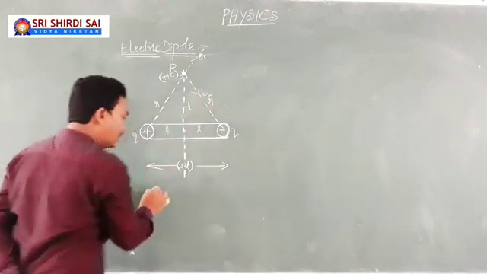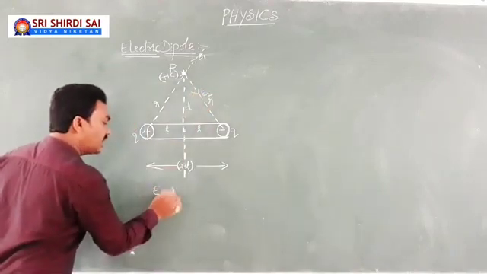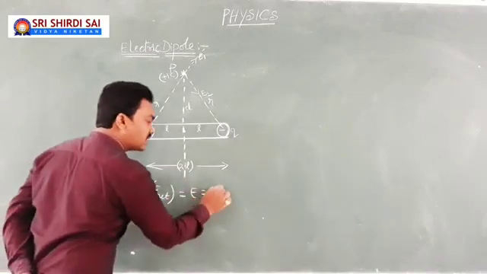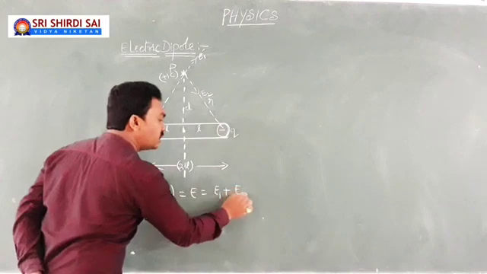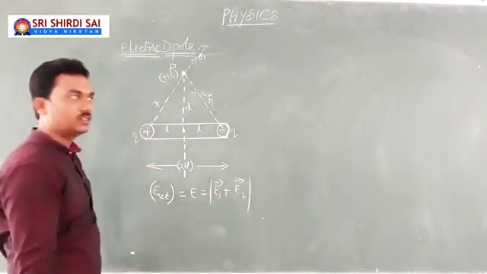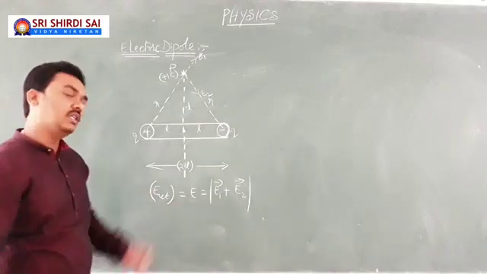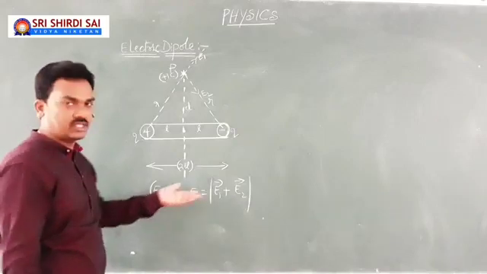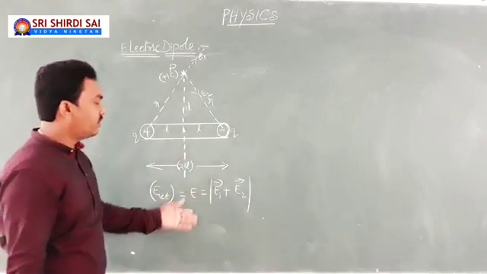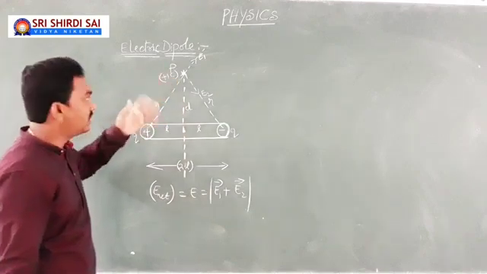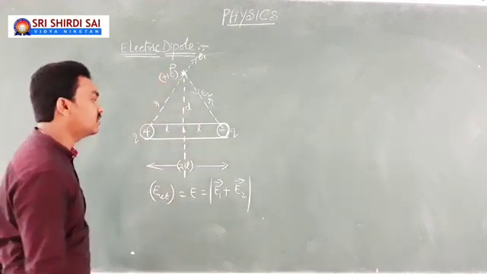The net electric field intensity at that point will be E equal to the vector sum of E1 and E2. See how interesting. There also you can take due to the point charge E1 and E2, and you can take a net electric field intensity there also. Of course, if you wish to calculate, you go with the force concept. I am supposing here unit positive charge. Anything will be same. There is no doubt in that.